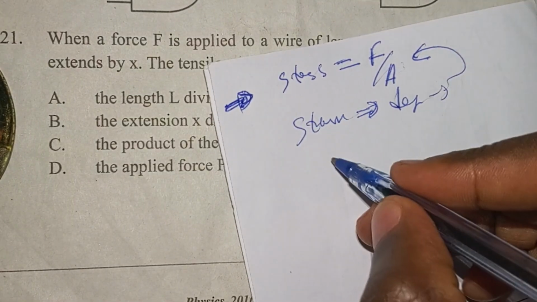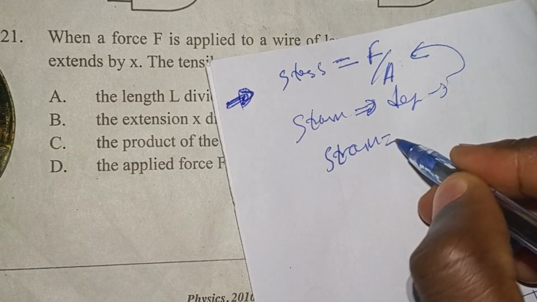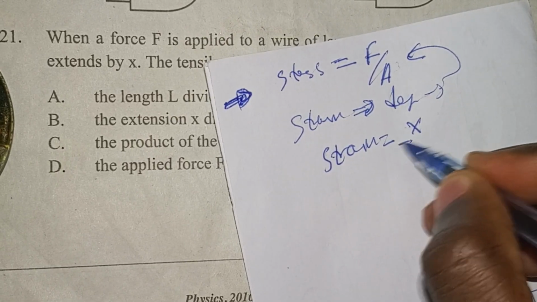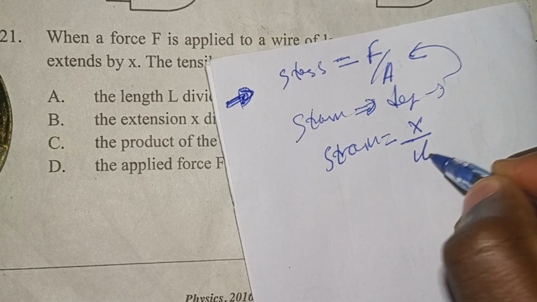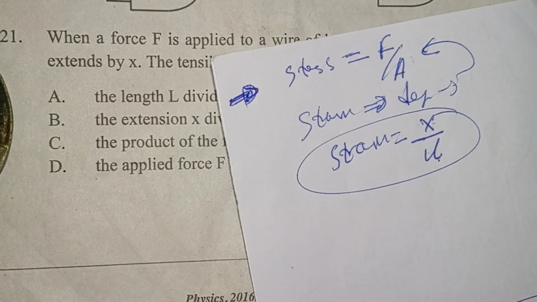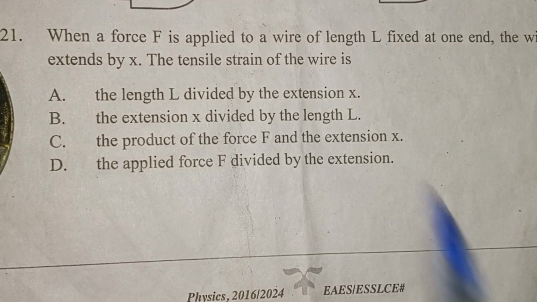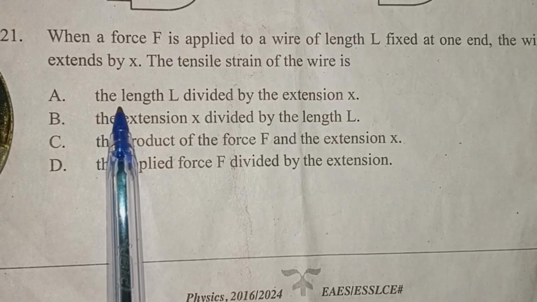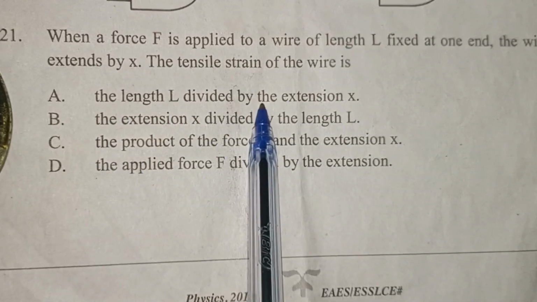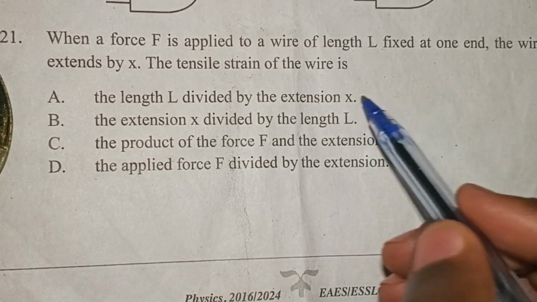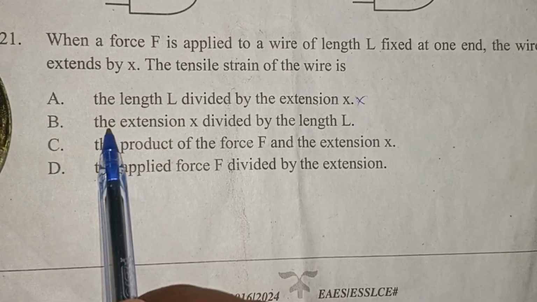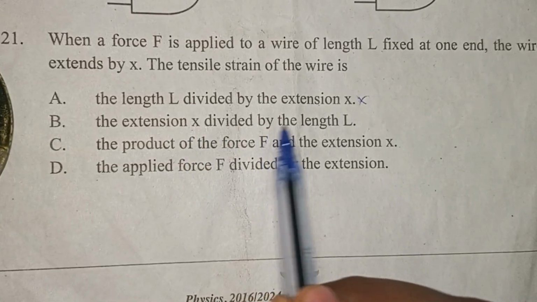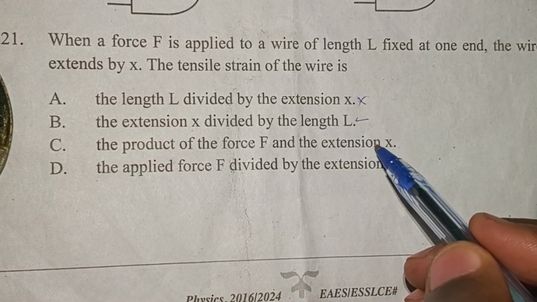Mathematically, tensile strain is given by the extension or deformation of the material divided by its original length, X over L. From the alternatives, we can see that one says the tensile strain of the wire is the length L divided by the extension of the wire. So it is not true. The tensile strain is the extension X divided by the original length of the wire.